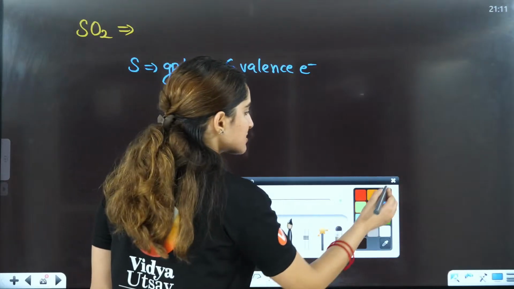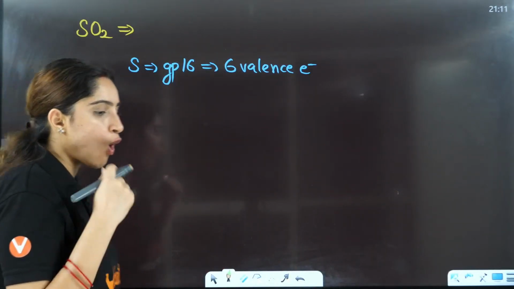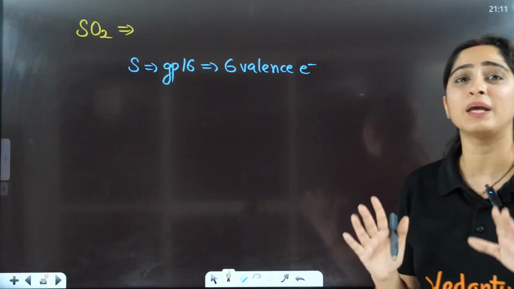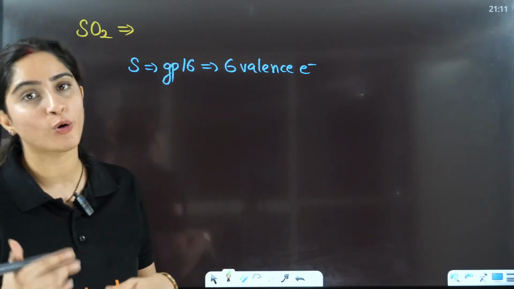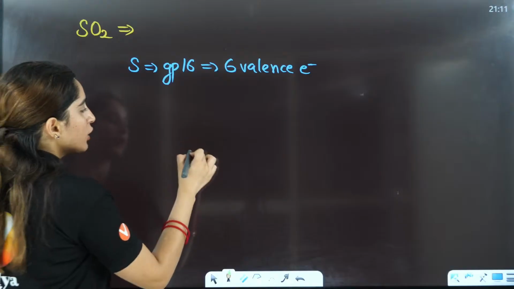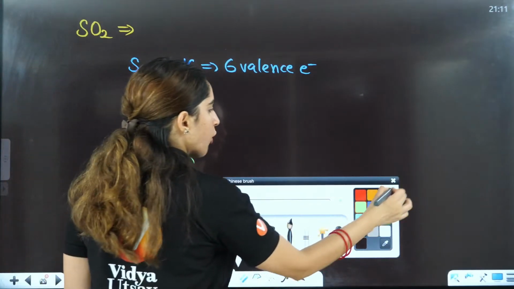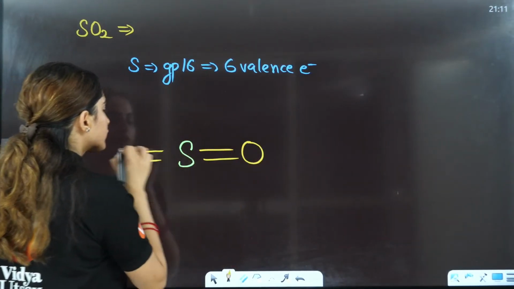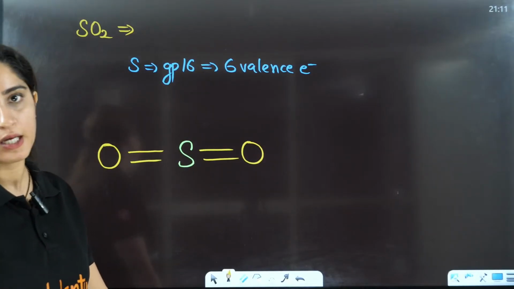Now, if it has 6 valence electrons, then see one thing, oxygen always wants to, do you know this thing, oxygen is very happy that it is forming 2 bonds. Oxygen is not happy in making 1 bond or 3 bonds, right? So here you have sulfur, right? To apply this now, you should have a little bit common sense also, okay? That definitely with oxygen, sulfur forms multiple bond, double bond, right?